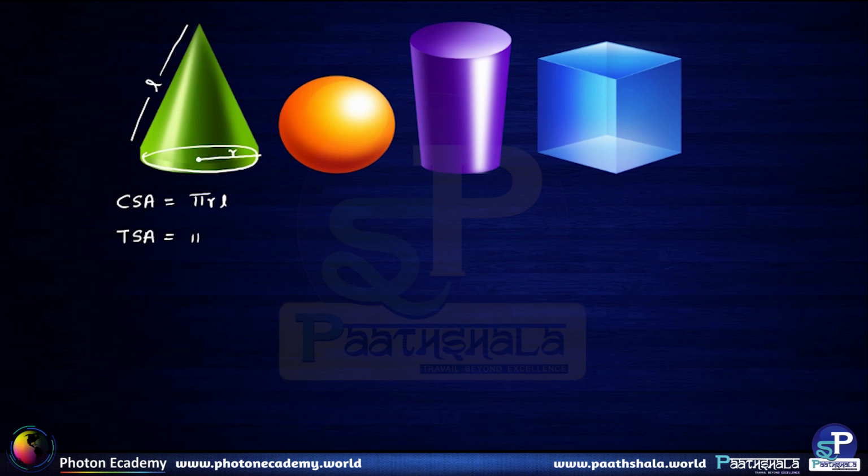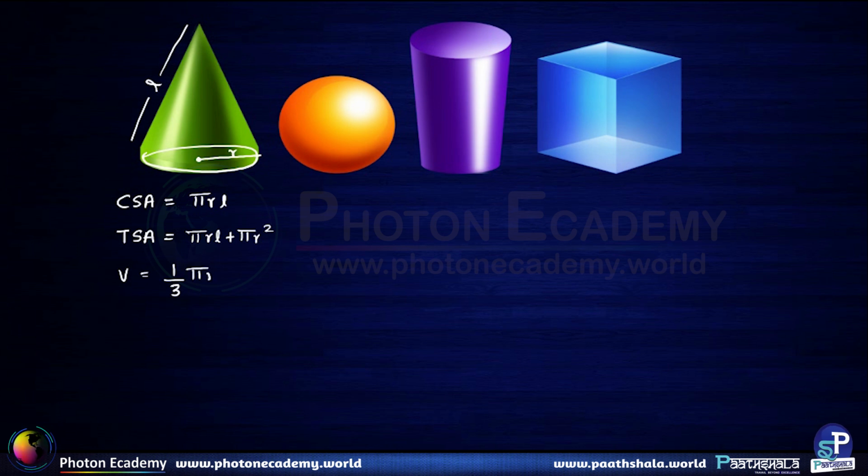So that is equal to pi r L plus pi r square. The volume of the cone happens to be equal to 1/3 pi r square h, where h is nothing but the perpendicular distance from the vertex to the center of the base. So this happens to be the height of the cone h.